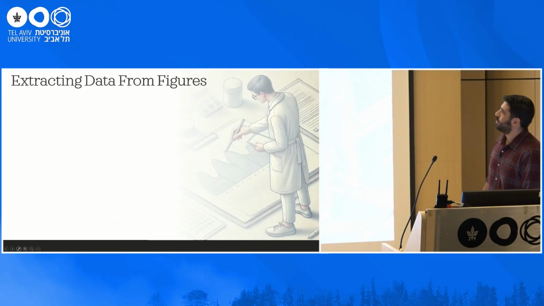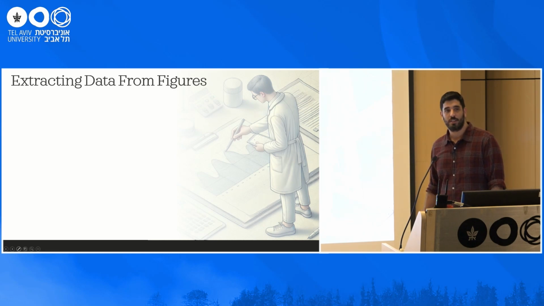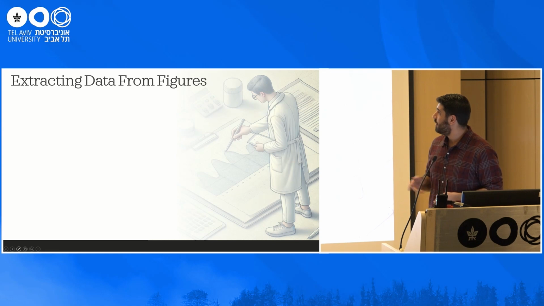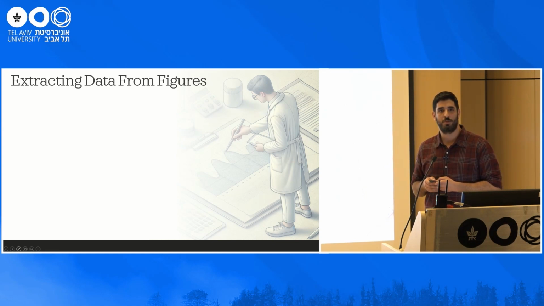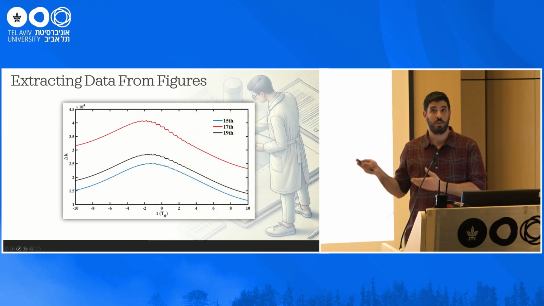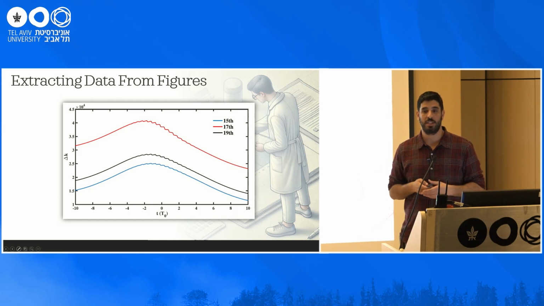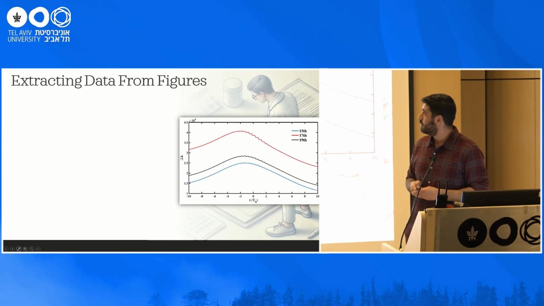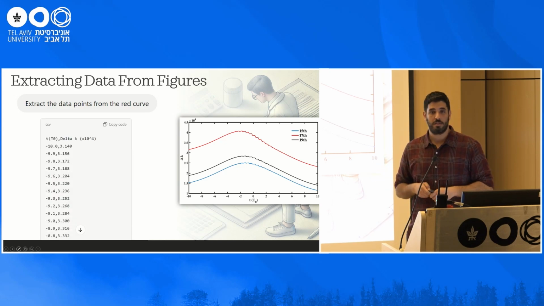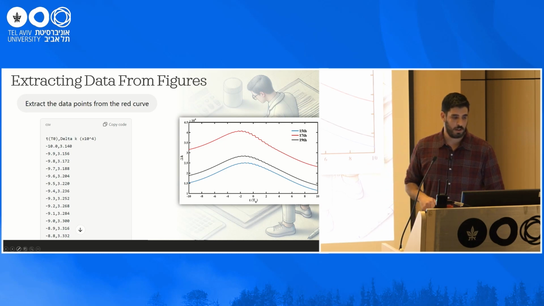Another thing is that you can upload pictures to ChatGPT, as you've seen already, and I find it very useful to extract data from figures. Sometimes you have a numerical plot and you want only the numerical data from the red line. You need it for some reason, so you can copy and paste the figure, extract the data points from the red curve, and it gives you a list of the data set.